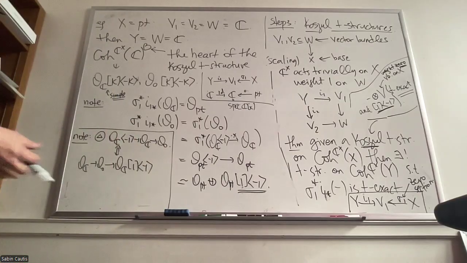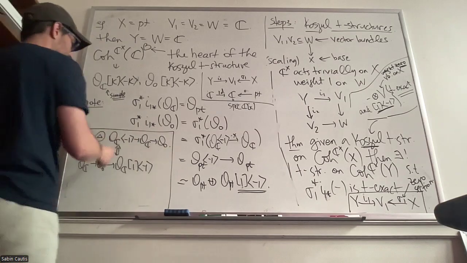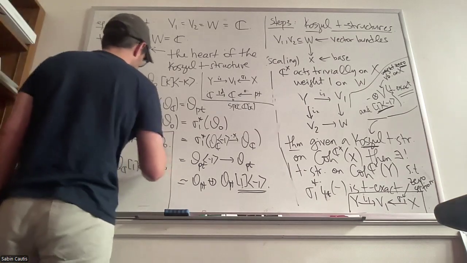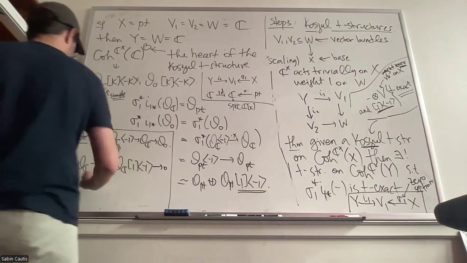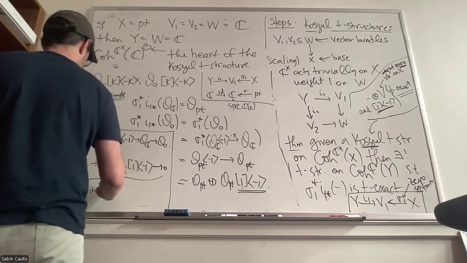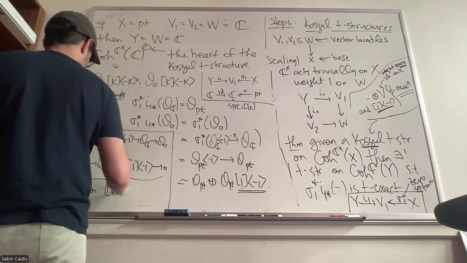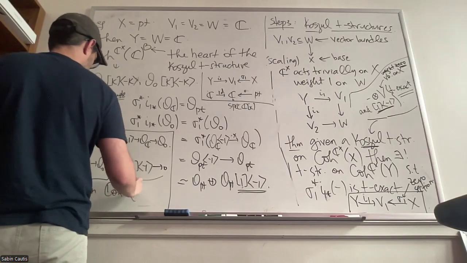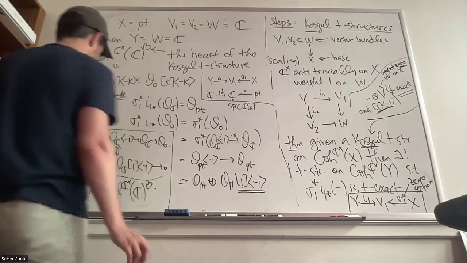That's an exact triangle in the derived category. And this triangle is an exact sequence inside the heart. This is a short exact sequence in the derived category, in the heart of this guy.